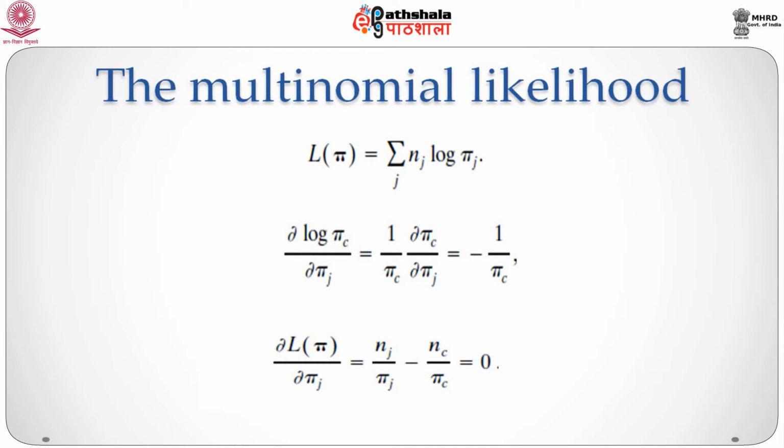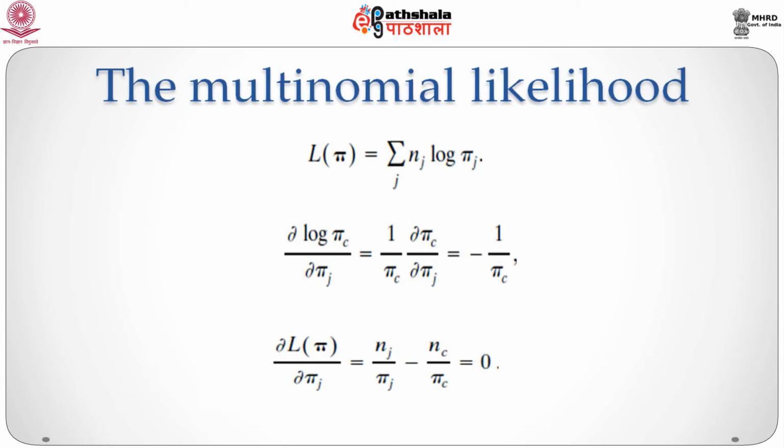Let us look at a fundamental likelihood which we shall use several times in this paper, and this is the multinomial likelihood. You know that the multinomial likelihood is employed in the situation where we have a categorical outcome.